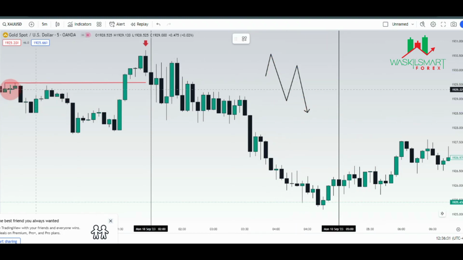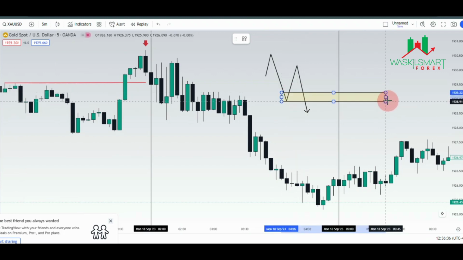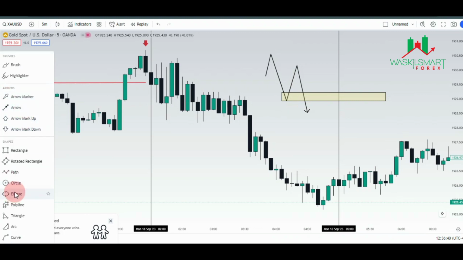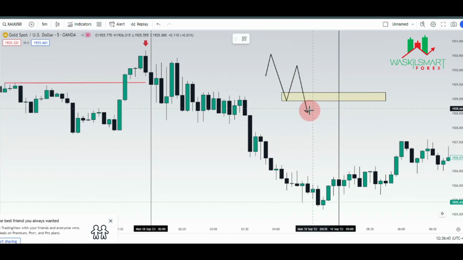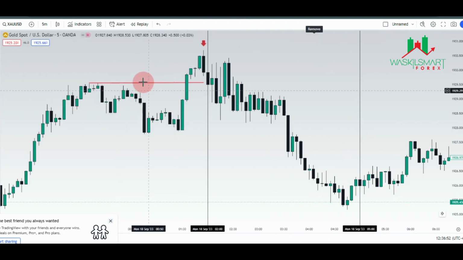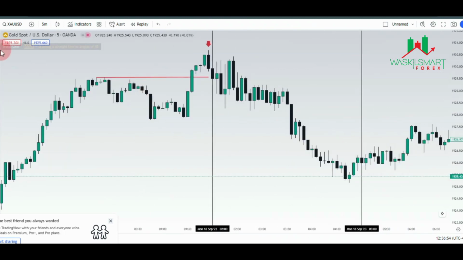So when the market breaks, let's say we have this. What we call this is a mitigation block. When the market breaks a mitigation block, the next thing you want to see is the market coming back into it, then sell. That's what you want to see on a mitigation block. So when I woke up in the morning and saw the market trading this way, I found that the market took out this low. This does not give me a very good reason to be a seller.